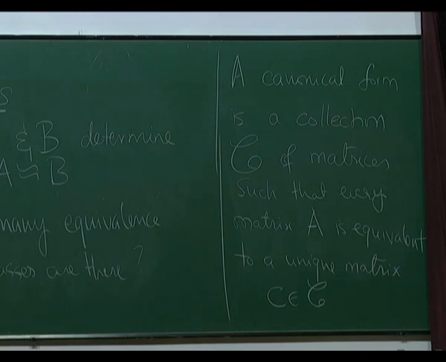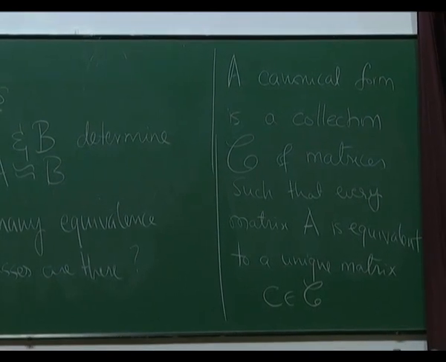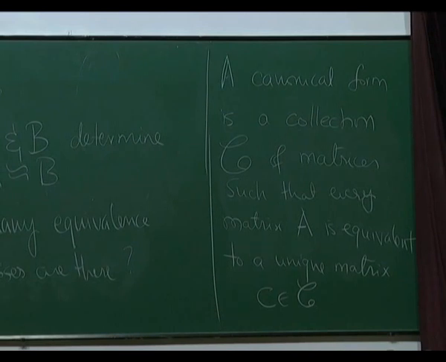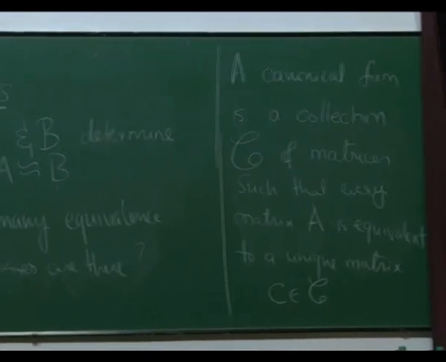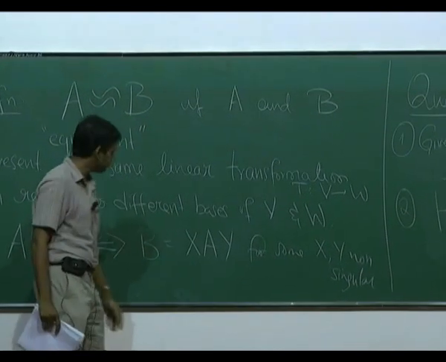Let me just review what I did so far. We talked about linear transformations. When you have a linear transformation, you can write down a matrix, provided you choose a basis for the domain and the codomain. Now, you can change the bases, and then the matrix also changes, and it changes by this formula B equals x a y, where x and y describe how you change the bases.